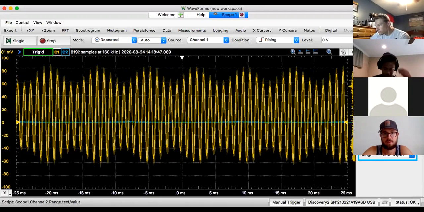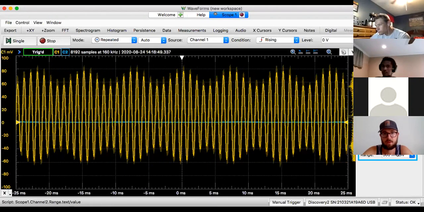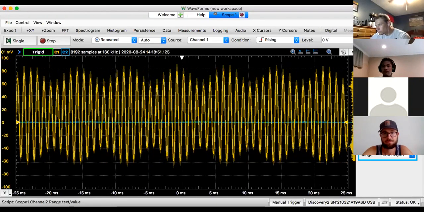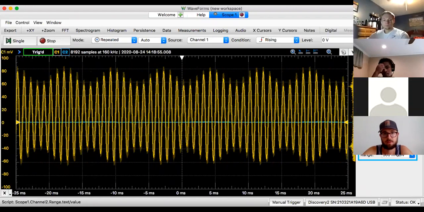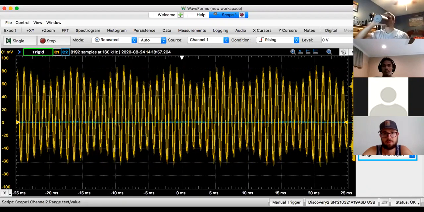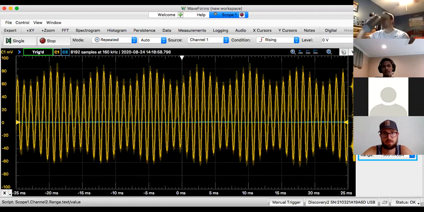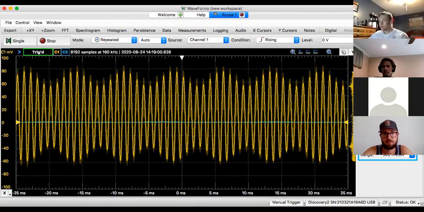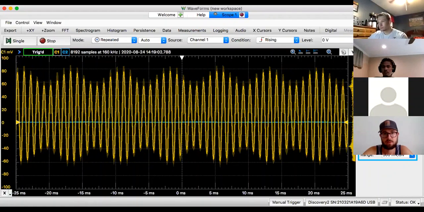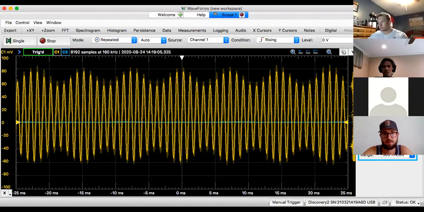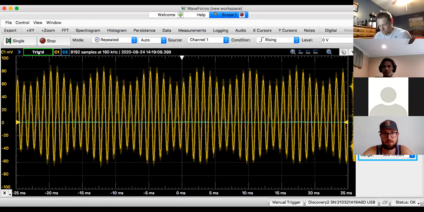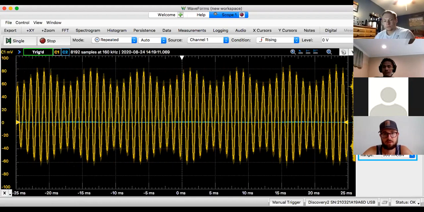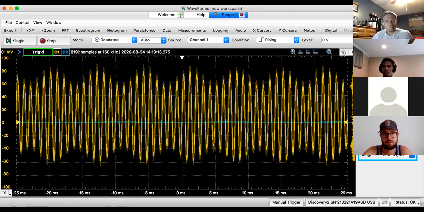So right now, the carrier frequency is 1000 hertz. So what do we mean by the carrier frequency? The carrier frequency is the high frequency signal. So this is 1000. And we are using 100 to modulate 1000. What does that mean?